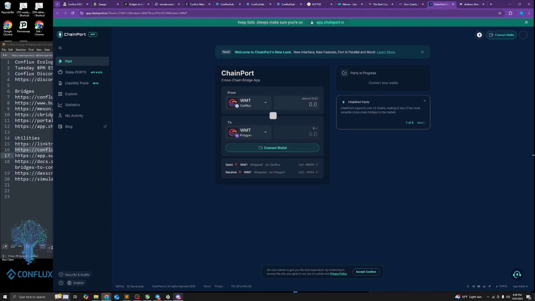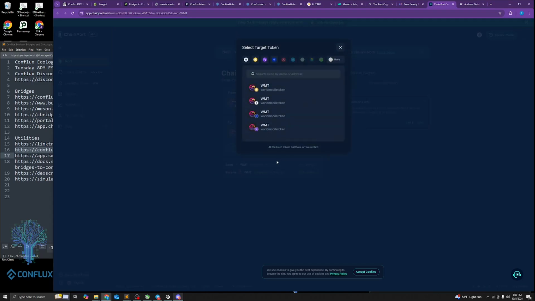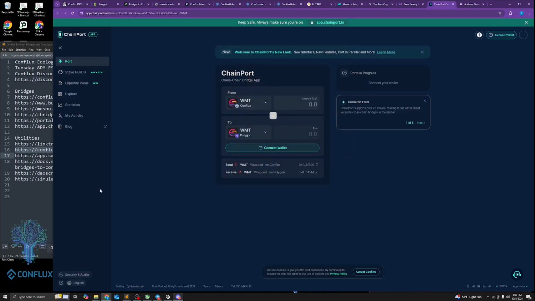When Conflux and Swappy had a big partnership with the World Mobile Token, this is the bridge that was utilized to get that token onto eSpace and participating in DeFi. But because they recently had a token migration, this bridge, which used to only go to Cardano and Conflux, now goes to, it looks like, BNB, ETH, Cardano, and Polygon.